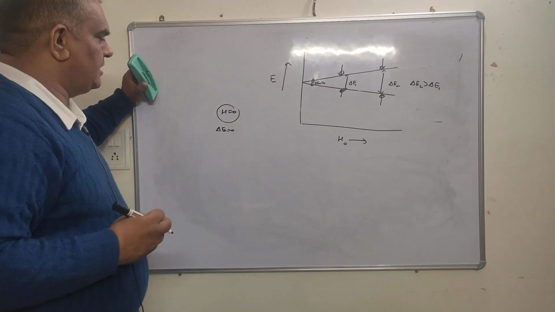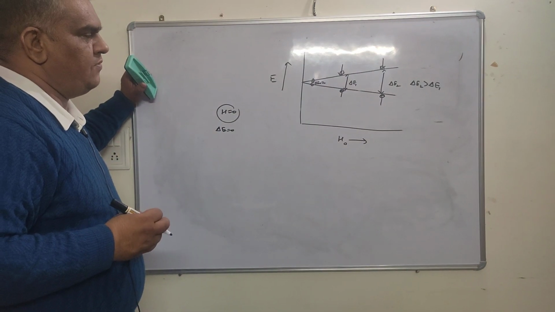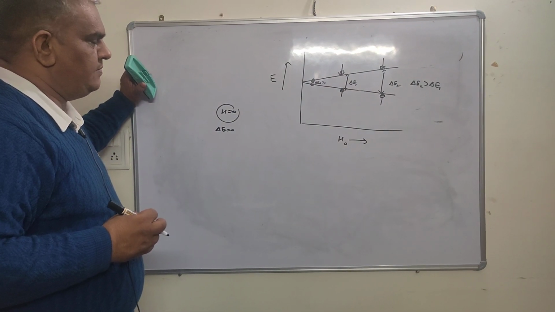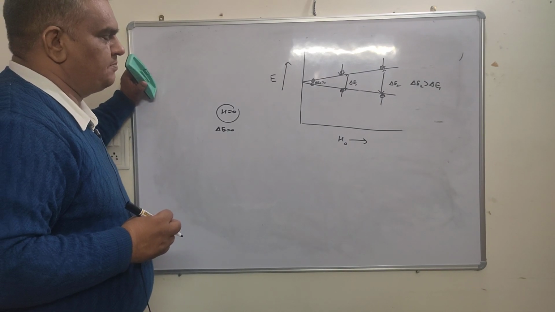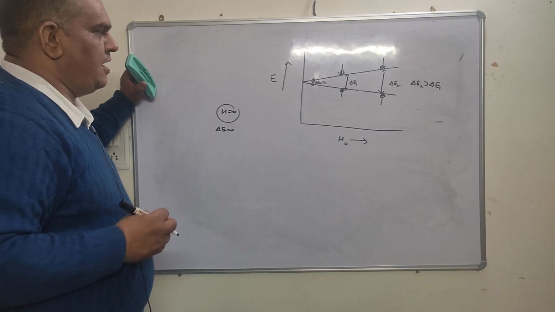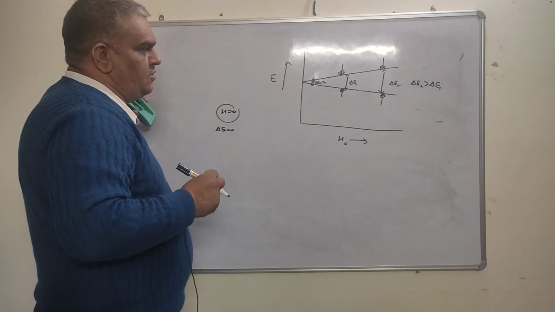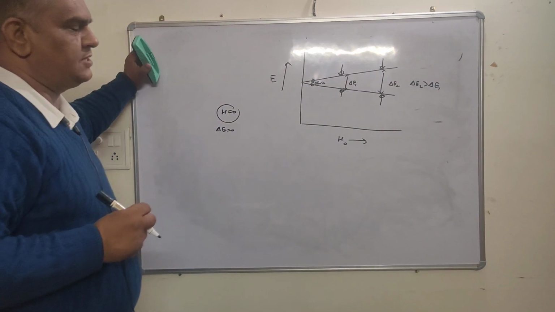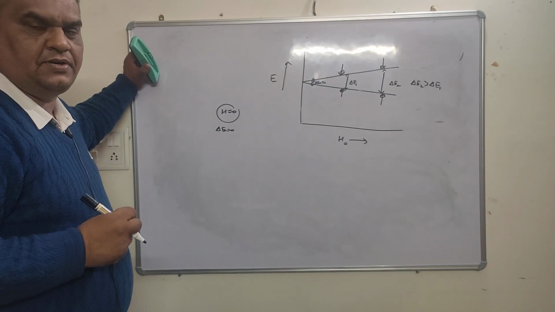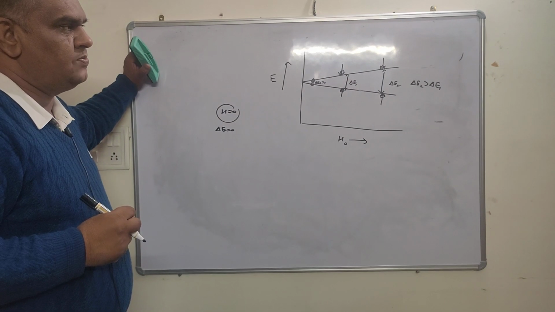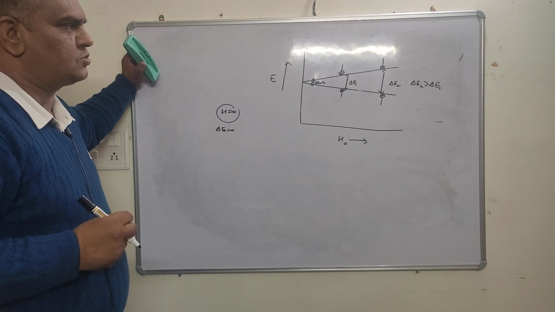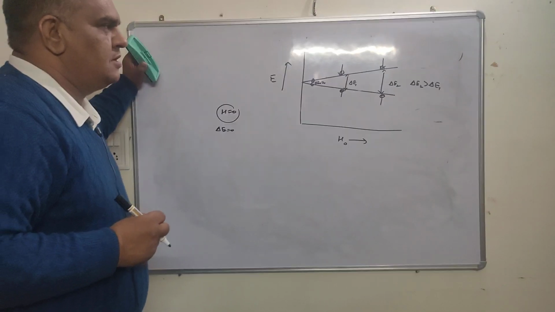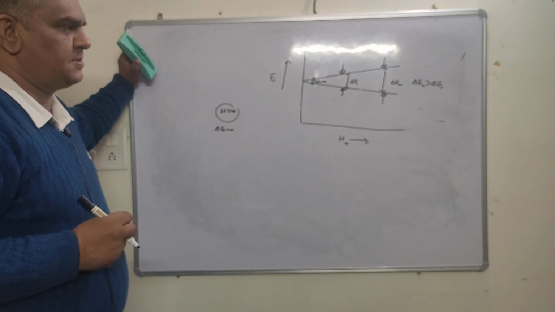So the two spin states have equal energy. When the nuclei are placed in electromagnetic radiation, flipping of the nuclei from the lower state to the higher state takes place by absorption of energy, and the nuclei are said to be in resonance with the electromagnetic radiation. This field of spectroscopy is known as NMR, nuclear magnetic resonance spectroscopy.